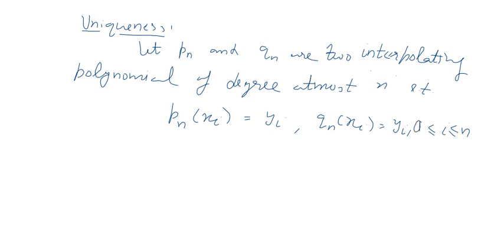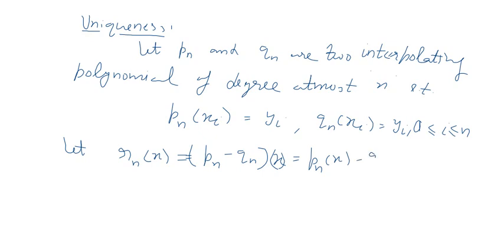Now let us define Rn of x as Pn minus Qn of x. So the difference of two functions, that is equal to Pn of x minus Qn of x.